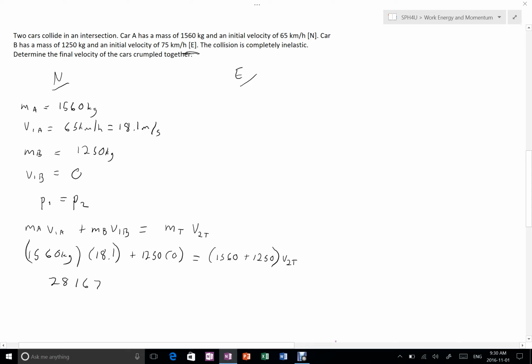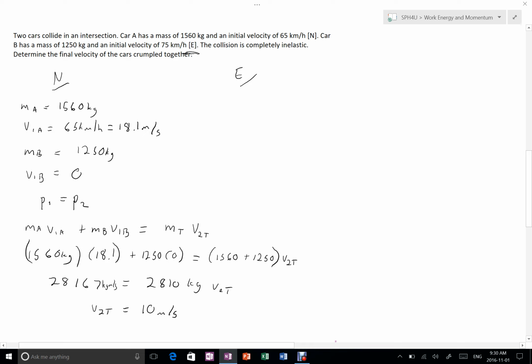If I multiply those out, and then make this addition, this is kilogram meters per second, 2,810 kilograms times V2T. Now solving, V2T is going to be 10 meters per second.